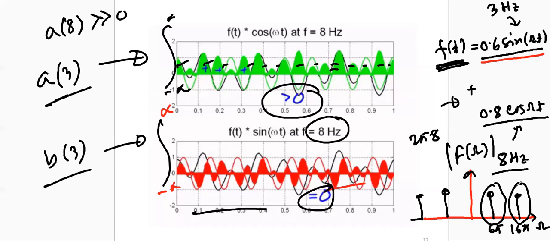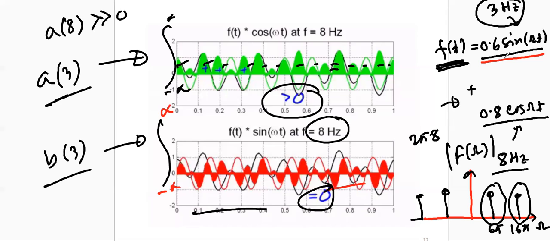Whenever we target 3 Hertz or 6π, since this is a sine signal in reality, what would be the phase value you are expecting? Can you guess? If your unknown signal is a sinusoidal sine signal, then what would be the phase? It gives 90 degrees, definitely, because the cos shifted by 90 degrees is actually the sine signal.